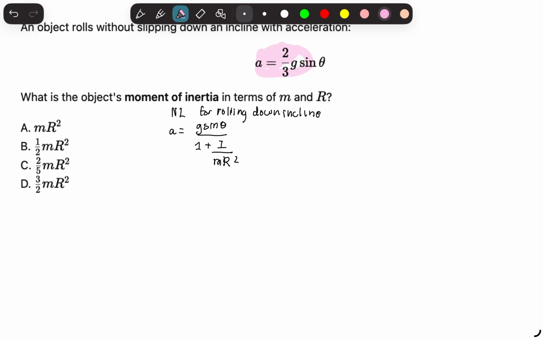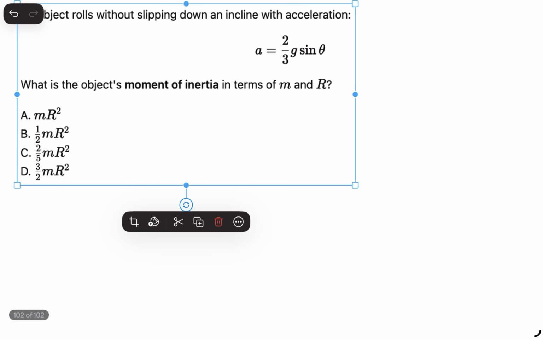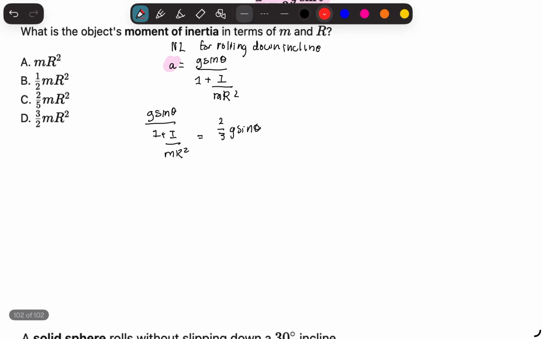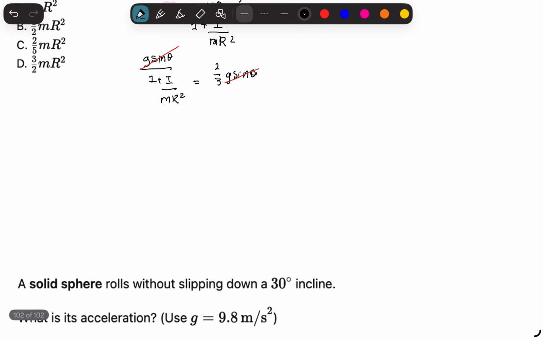So if you have a, you can set these equal to each other by using this equation. We're going to set g sine of theta over 1 plus I over mr squared equal to 2/3 g sine of theta. So on both sides, you have g sine of theta. You can cancel that out.